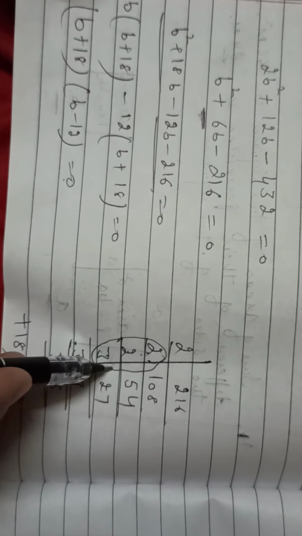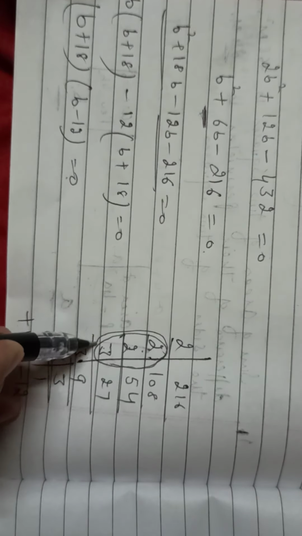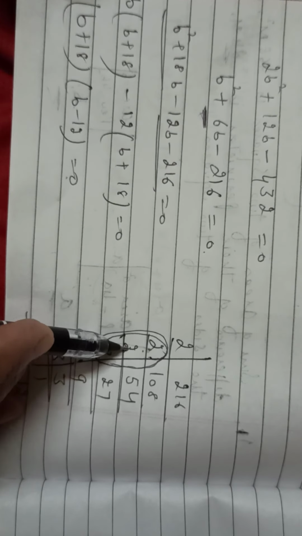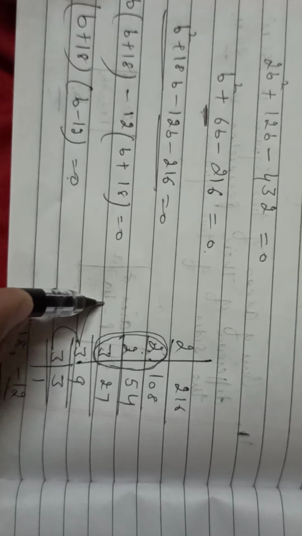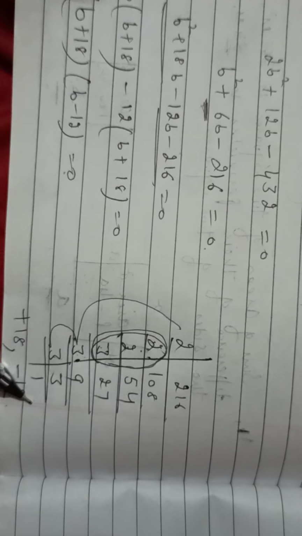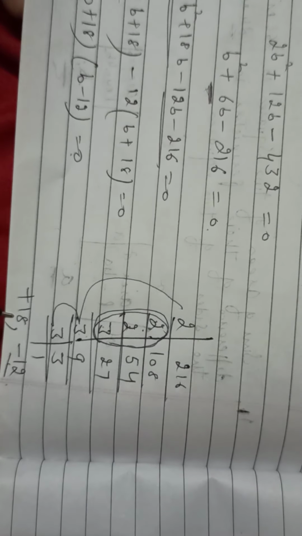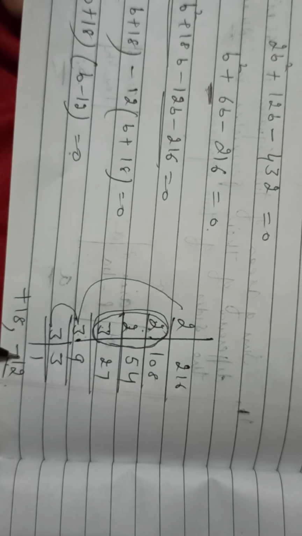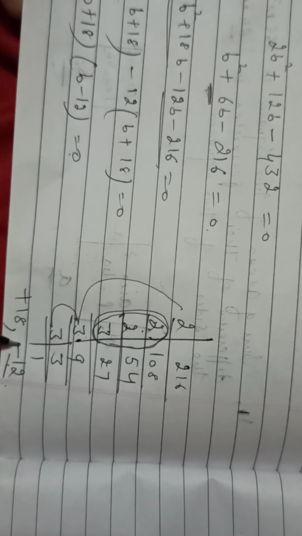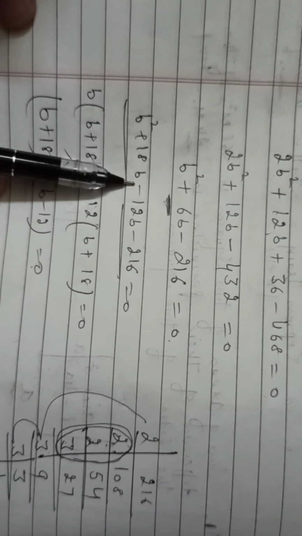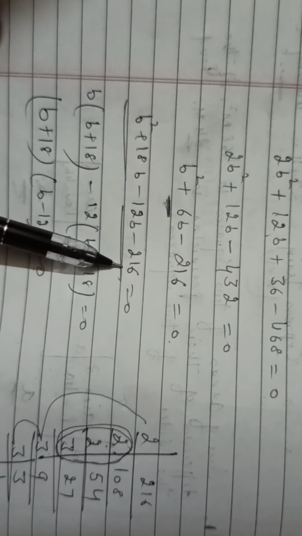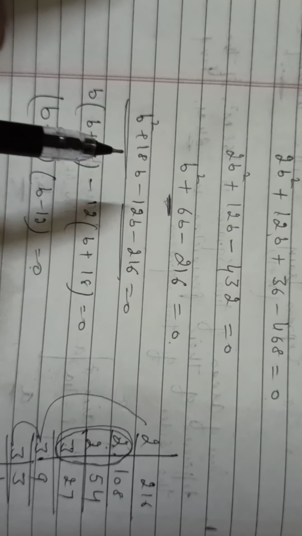So which pair have I chosen? 3 into 6 is 18... 2 into 6 is 12, 3 into 9 is 27... so plus 18 minus 12, because I want plus 6. Clear? b square plus 18b minus 12b minus 216 is equal to 0.